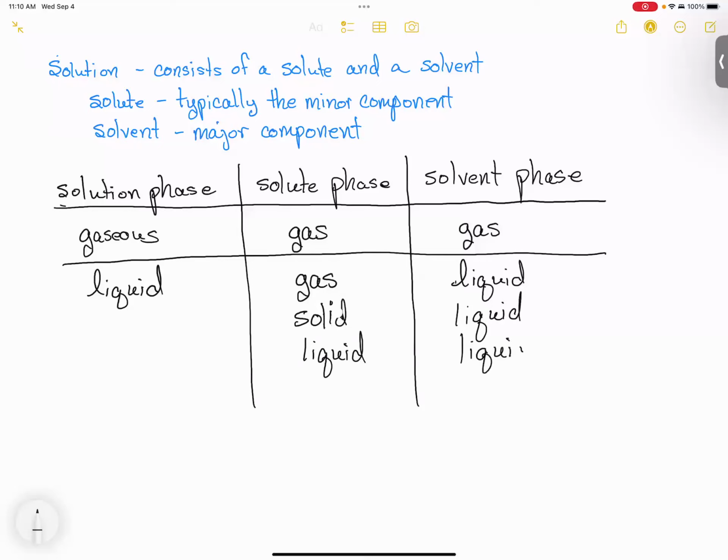A common example of a liquid dissolved in a liquid is 70% isopropyl alcohol. Isopropyl alcohol is a liquid and it is dissolved in water, which is also a liquid. All of those would give a liquid as the solution phase.